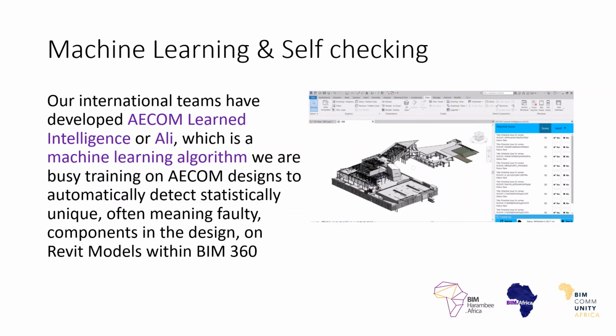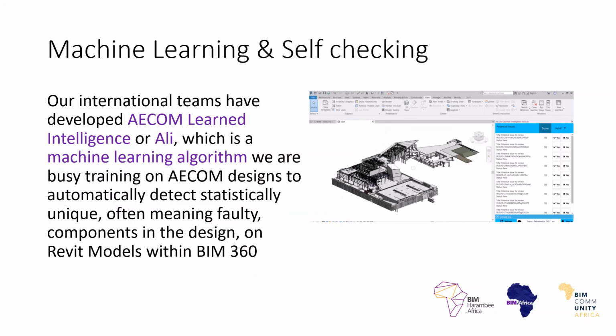So we've produced the ACOM Learning Intelligence, or ALI platform, which is a machine learning algorithm, and we're busy training that application on different ACOM designs to automatically detect statistically unique or faulty components in designs.